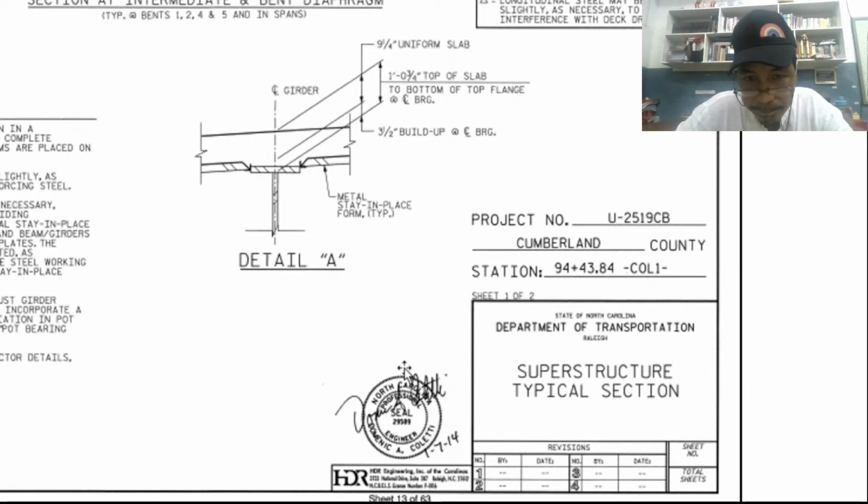Okay? Any questions? So we are through with all of this. And this is what? Superstructure typical section. That is the superstructure. So including what? The bearing. So bearing is part of a superstructure. Okay?